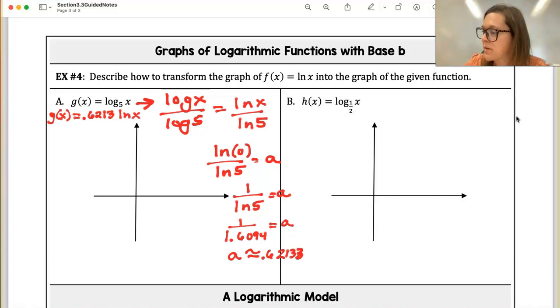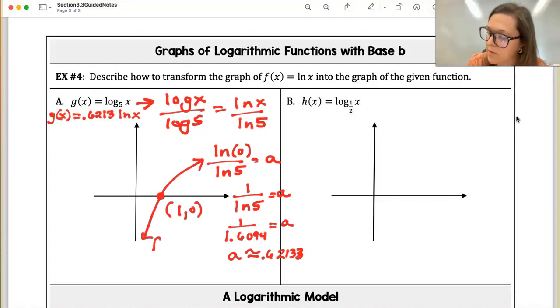Okay. So my original function f of x, we transform the graph, so we transform our original function f. So f of x, let's say, is here, right? It's at 1, 0. That's a really bad logarithmic graph, but hopefully you can do better. So what's changing? If f of x is the natural log of x, what's changing with our graph?